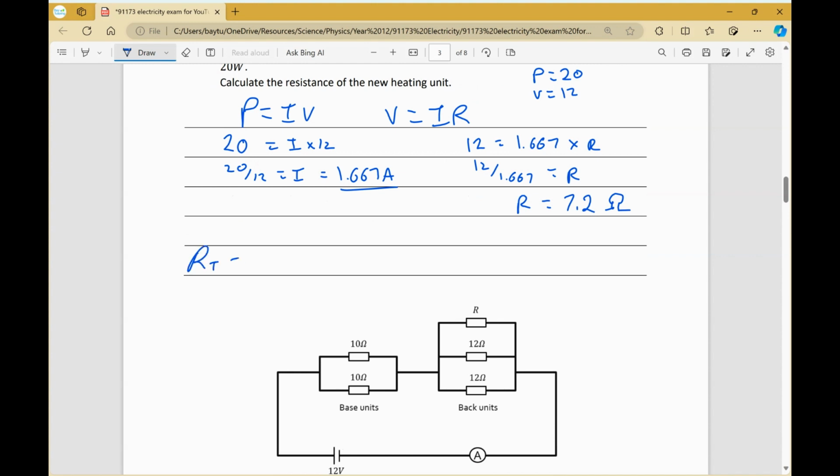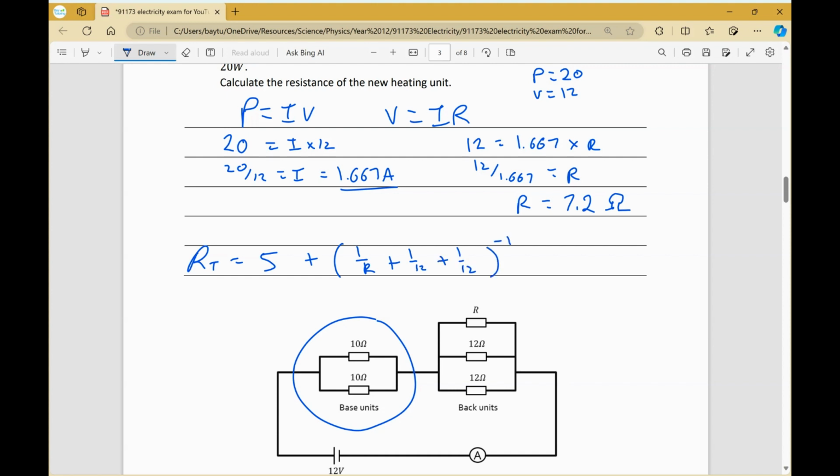So the total resistance will be the 5 ohms from here. So this was from the first question. Remember part A, we worked out that that was 5 ohms. So we don't need to work it out again. So plus, we're going to have 1 over R plus 1 over 12 plus 1 over 12.